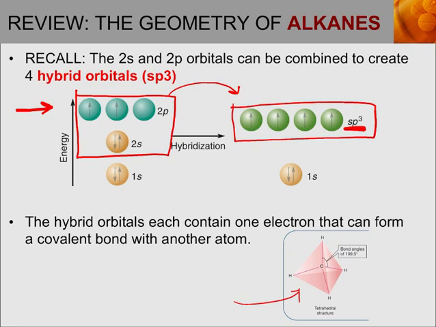And the hybrid orbitals want to spread out as far as possible. So we end up with a tetrahedral geometry, and the angles between all of those bonds is 109.5 degrees. So that's the ideal bond angle.